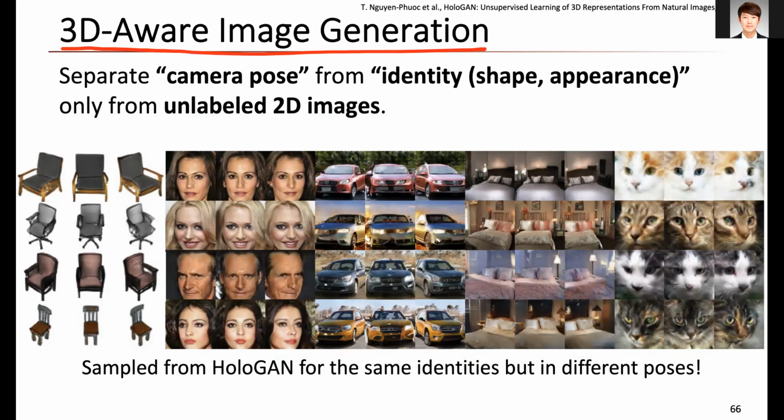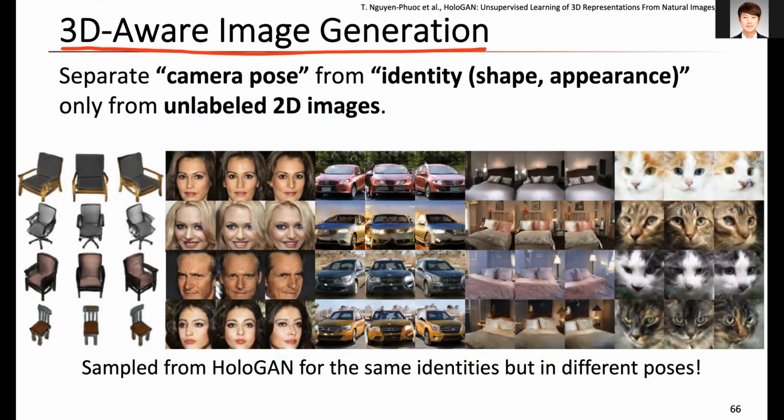But in real cases, if the generator is aware of the 3D structure, the generator can generate better quality or better fidelity images because it already knows the 3D structure information.